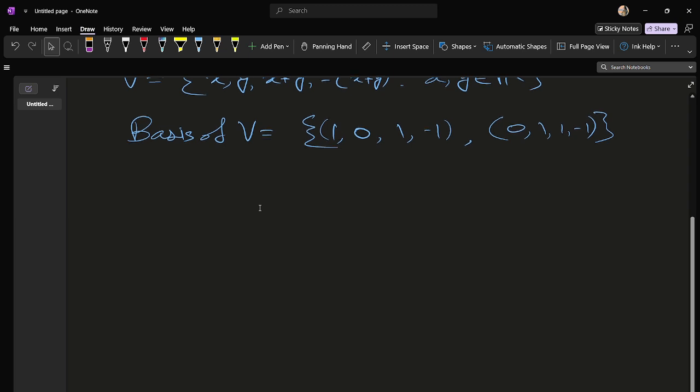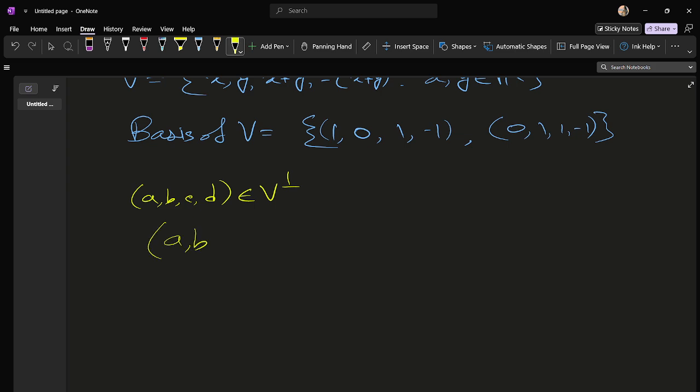So now we have to find the orthogonal vector. Let us take (a, b, c, d) belonging to V perp. Then taking the inner product with each basis vector, it must be 0.